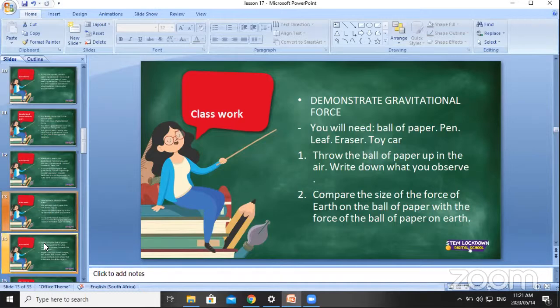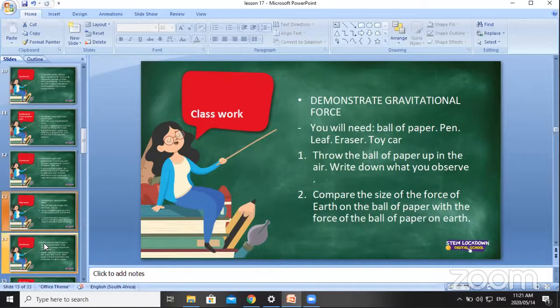So the ball of paper will come back very fast. If you throw it up, it comes back very fast, and it will not go that much high. Then you will have to write those things down. And then compare the sizes of the force of Earth on the ball of paper with the force of the ball of paper on Earth. So now, what is the force of paper on Earth?